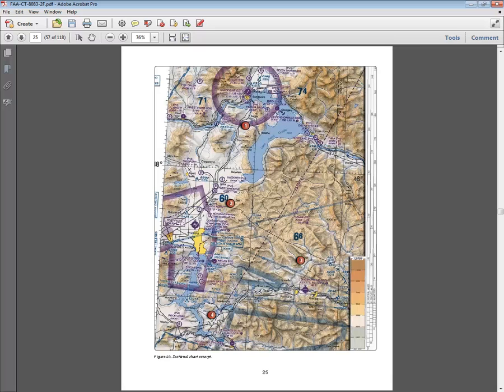Priest River right here to Shoshone County right here. We're going to measure that with our plotter. And I'm measuring, and it looks like using my plotter I get that to be 144 degrees true course.